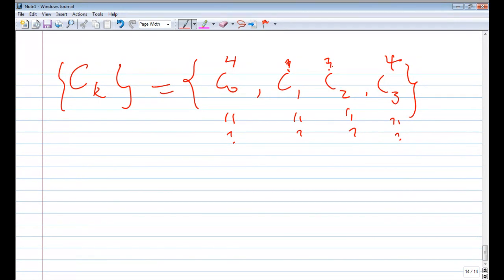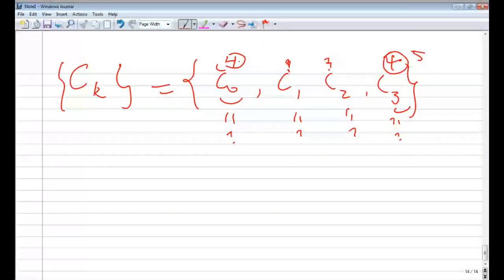If you get 4 here, you must expect 4 there. If you get 5 somewhere here and 4 there, there is something wrong somewhere. This is another strategy that can make you quick to find the answers.